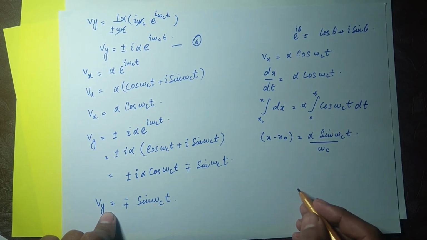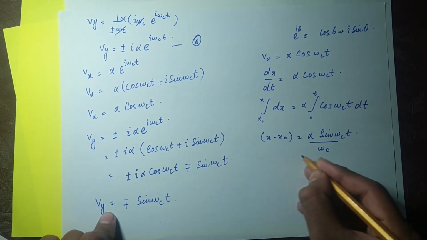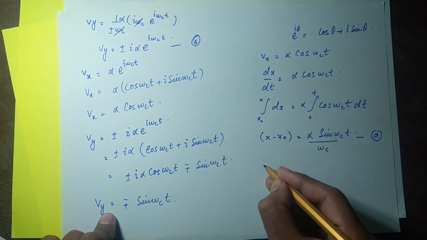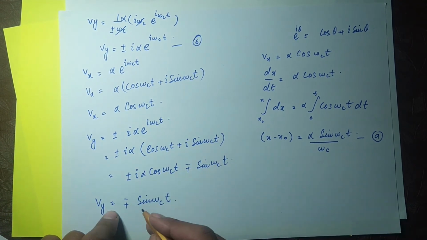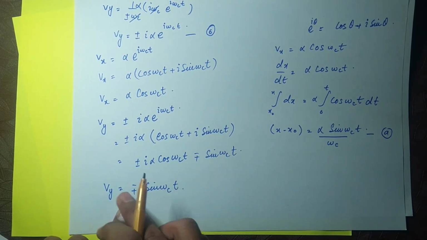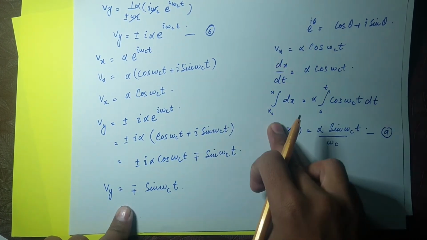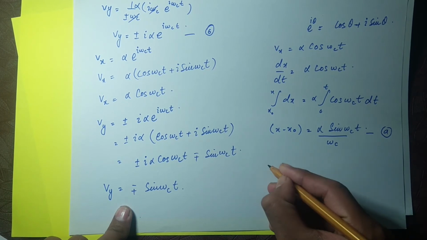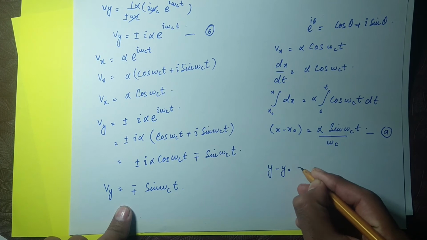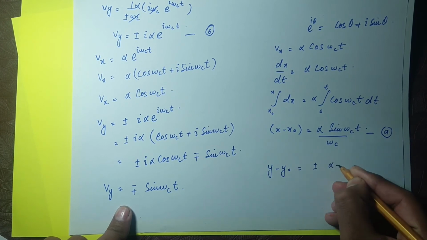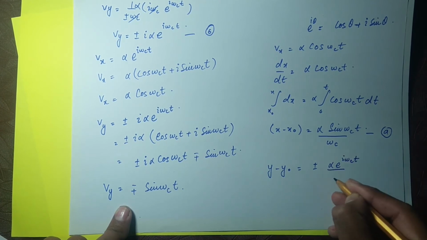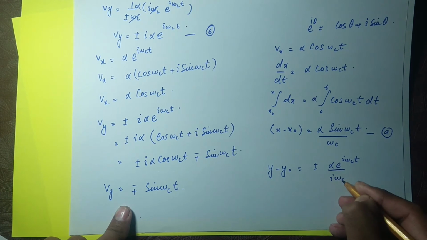We can do the same for v of y. If we solve this equation number a and integrate it, we will get y minus y naught equals plus minus alpha e power iota omega c t over iota omega c.